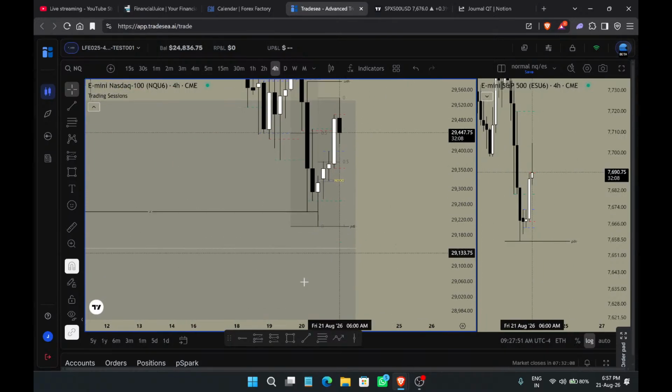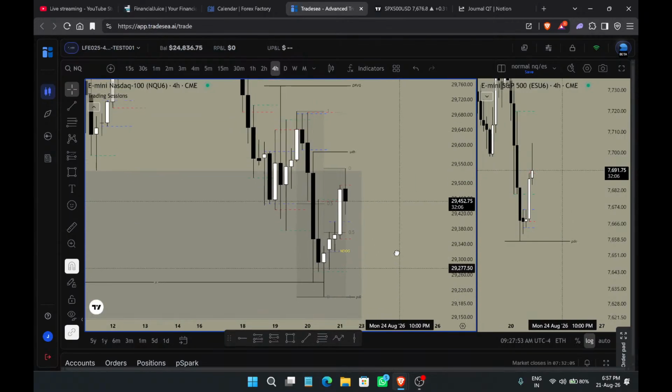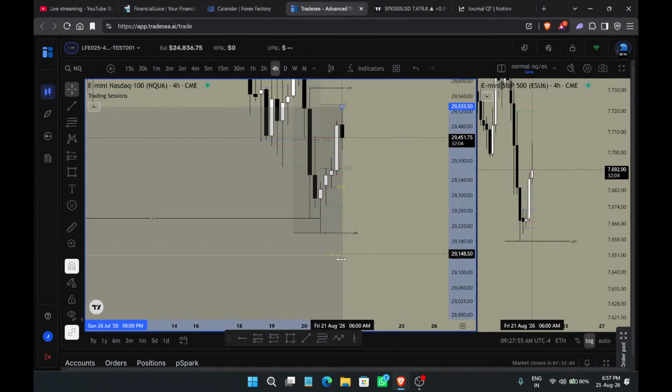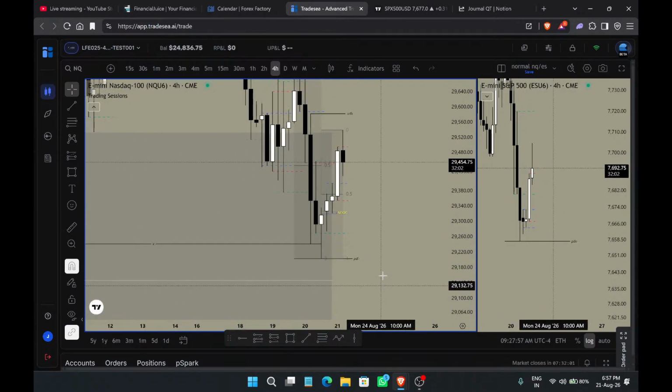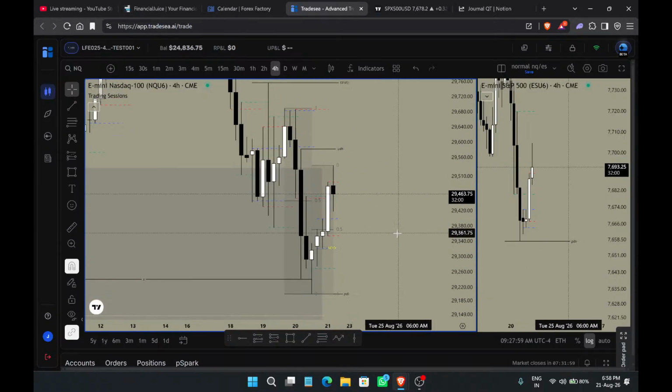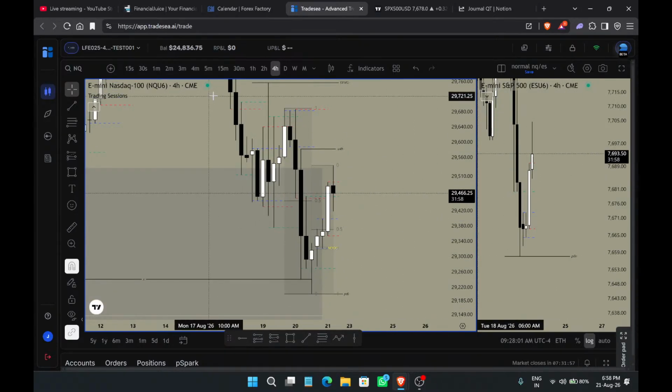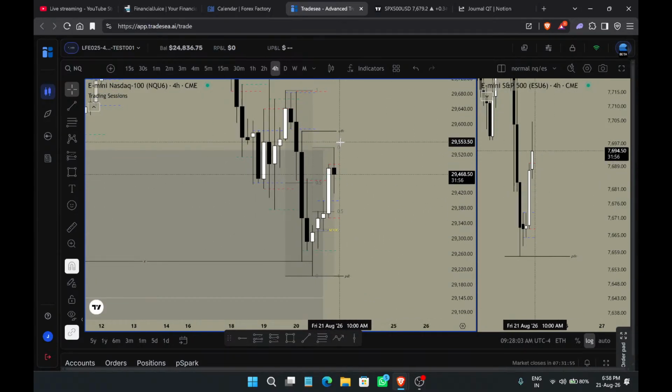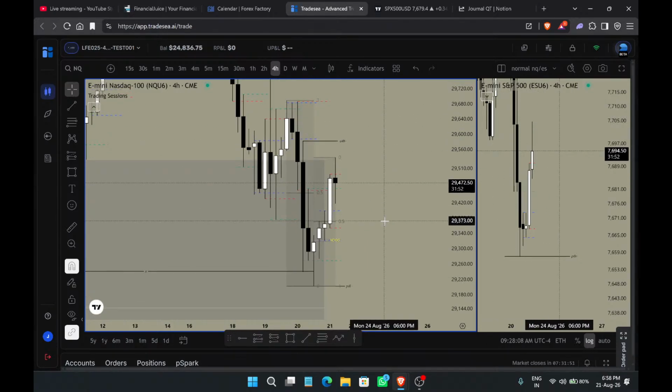If we want the range low below this level, what do we want? We obviously want some kind of rebalance of the bullish premium gap in the premium of this range, right? Premium to discount, bullish gap respect.